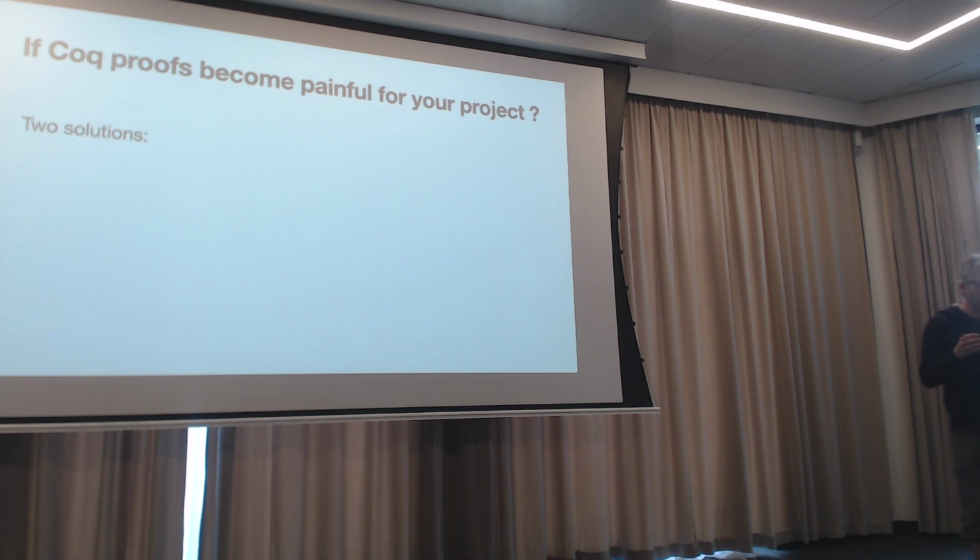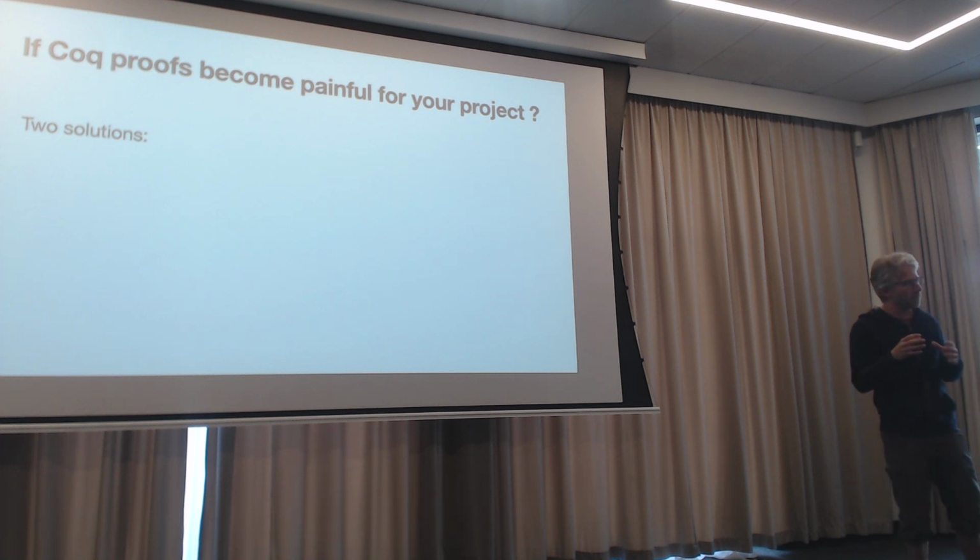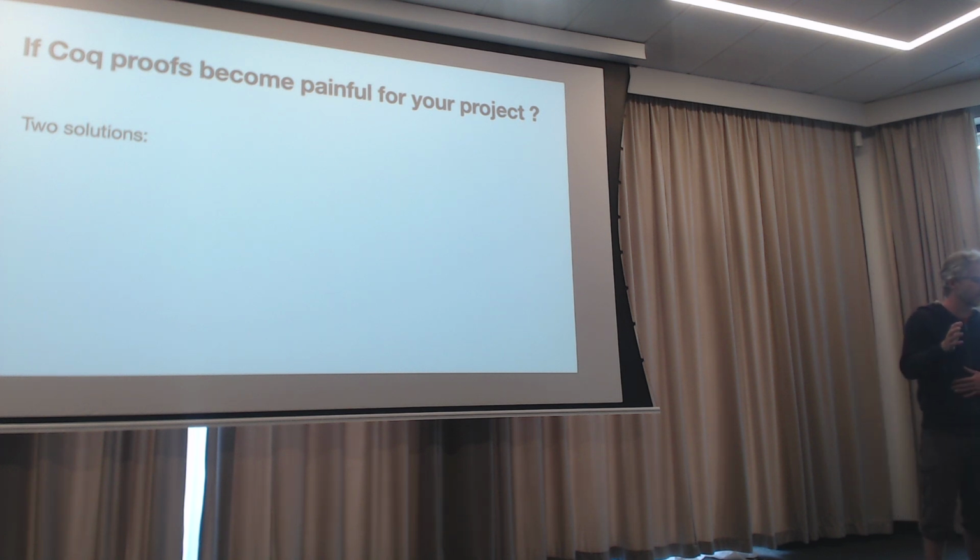At some point, maybe you will be in trouble because the proofs that you would like to obtain become very painful. Because somehow the Coq proof assistant asks you to prove some very technical lemmas that are clearly true. And you do not know why, but you always have to repeat the same kind of construction. So there are two possible ways in that case.